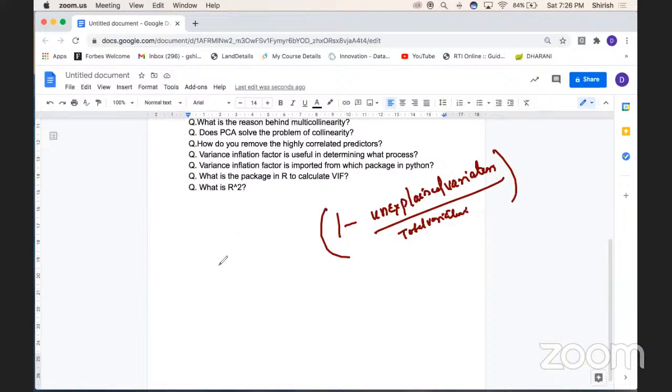So R square is your statistical measure that represents the proportion of the variance for a dependent variable that is explained by an independent variable.